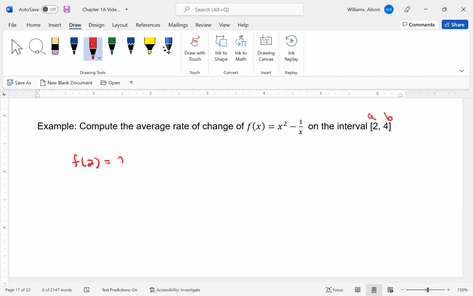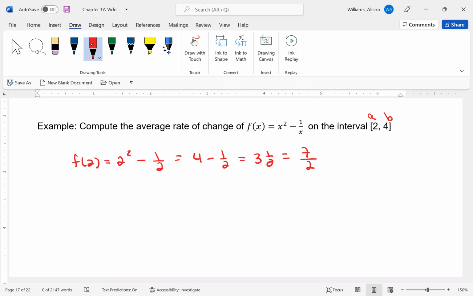So let's see, that's going to be 2 squared minus 1 over 2, which would be 4 minus 1/2, and that would be 3.5. But I'll write it as an improper fraction, because I think that's going to be better for us right now. So that would be 7/2 as an improper fraction, or 3.5.